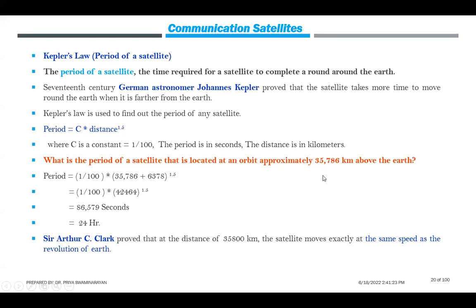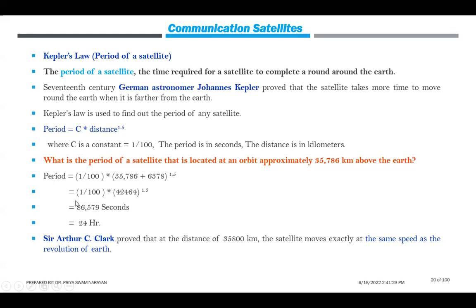The distance is already given: 35,786 plus the radius of Earth, 6,378. We need to add that to the distance from Earth station to satellite, so we add these two values. This is 42,464 raised to 1.5.